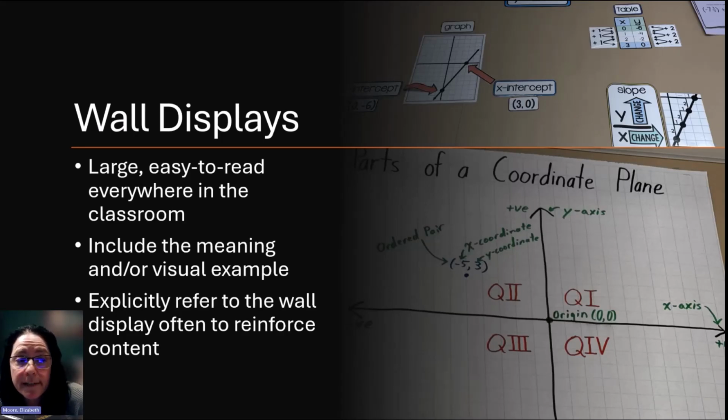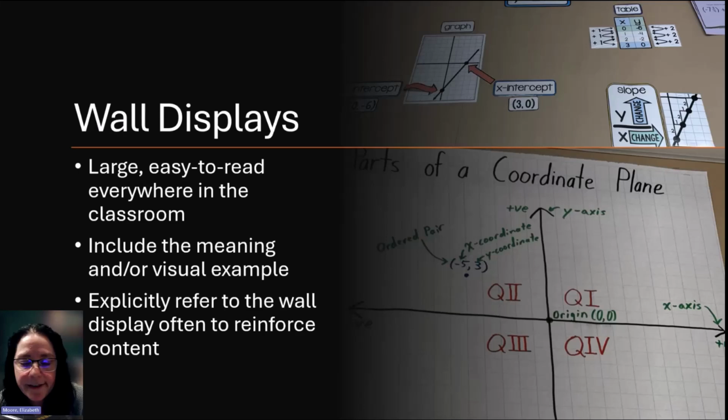The really important features of a wall display are that they are large and easy to read everywhere in the classroom so that students can refer to them on their own, regardless of where they're seated, that they include the meaning and/or a visual example. Perhaps the visual example gets at the meaning, like that x-intercept in the top image.